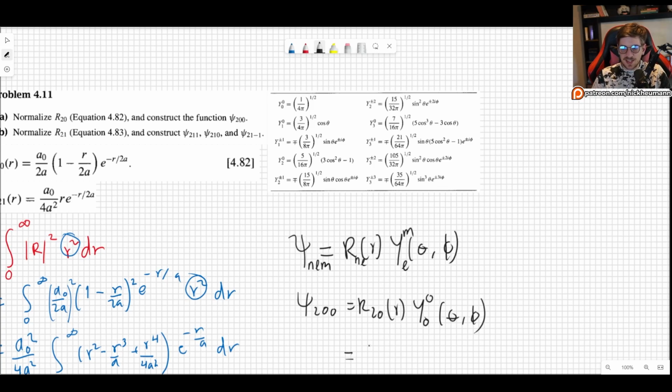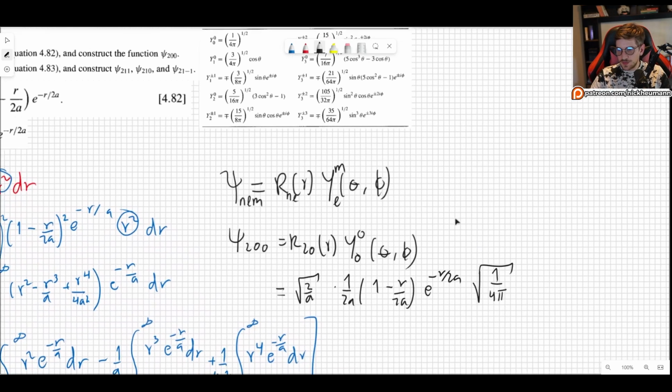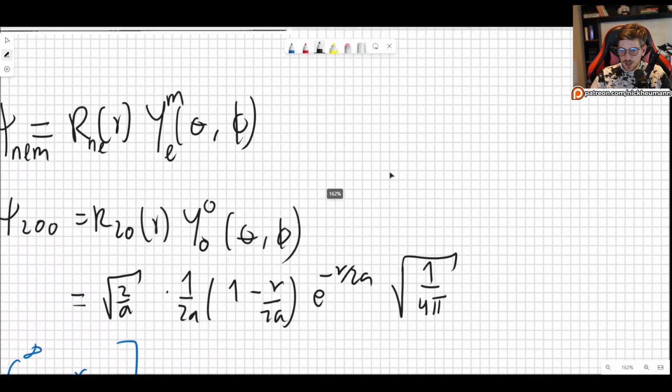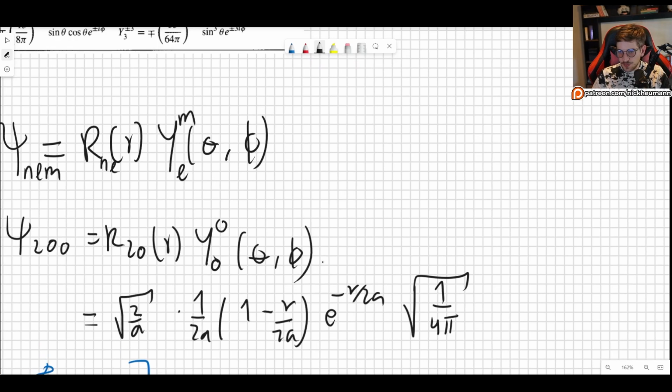R20 is a0, which we know is the square root of 2 over a. And then we have 1 over 2a, 1 minus r over 2a, e to the minus r over 2a. And now we multiply by Y00, which is the square root of 1 over 4 pi. Right? I'm just looking at this. So with this, let's see, we can perhaps simplify a few things, perhaps in the square root.